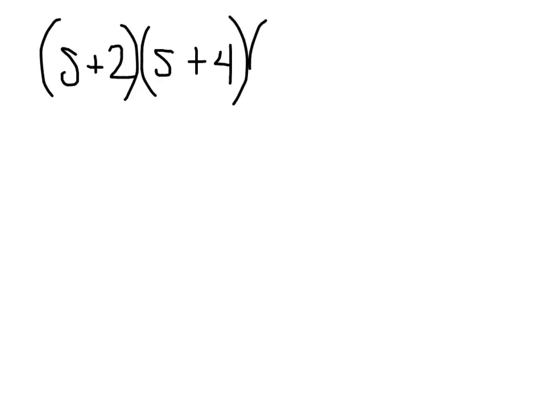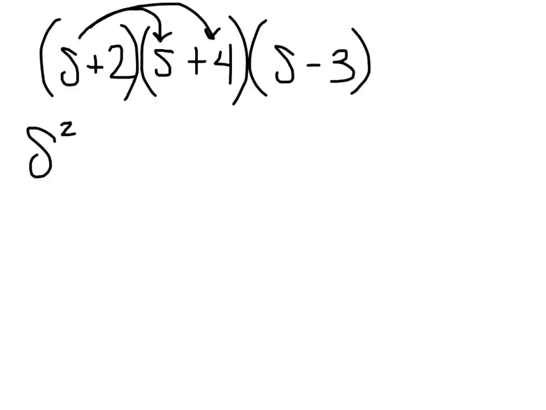Okay. The next one. S plus 2, S plus 4, S minus 3. Even though they're not all the same group, do I attempt this one the same way that we did the last one? Yeah. What's S times S?